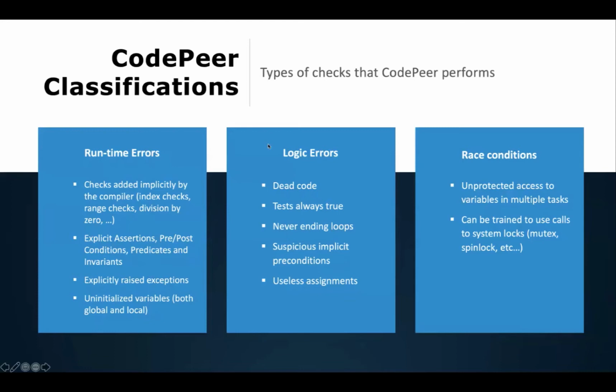For those familiar with Ada, you might be aware that the compiler inserts many checks in the code to make sure that values going into a variable have the correct range, or you're not dividing by 0, or if you index into an array, is that index valid? These are all things where the compiler is going to insert some checks.